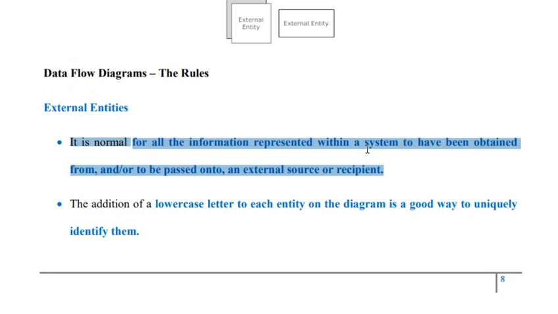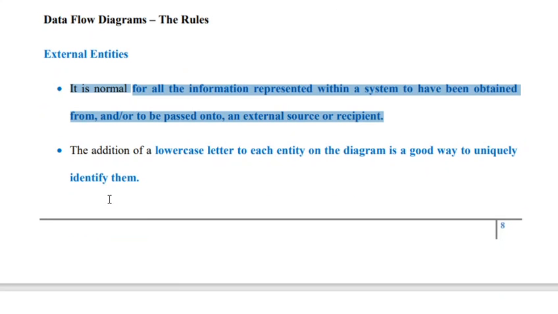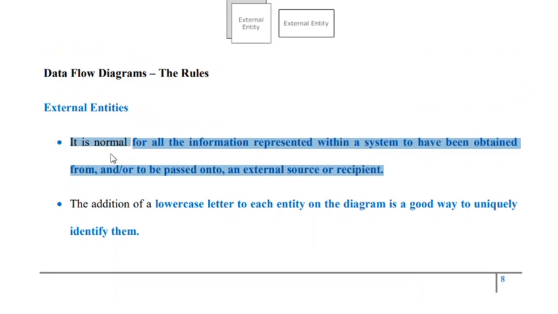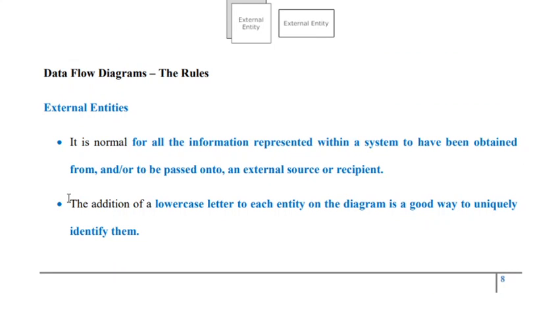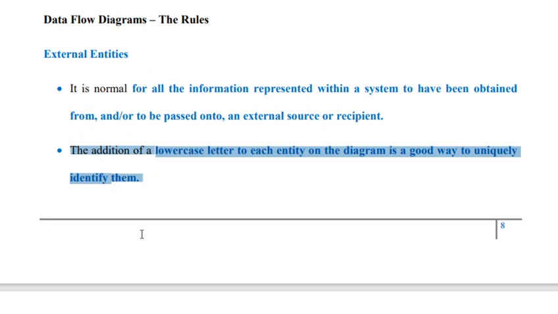So it's very true that all information systems can interact with an external entity in order to communicate information to or from. An external entity may provide information to a business process, or an external entity may take information from a business process. This is a mechanism of representing external entities, where we use lowercase letters for the external entities.